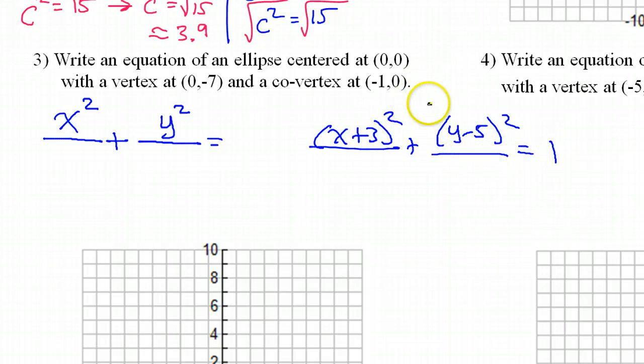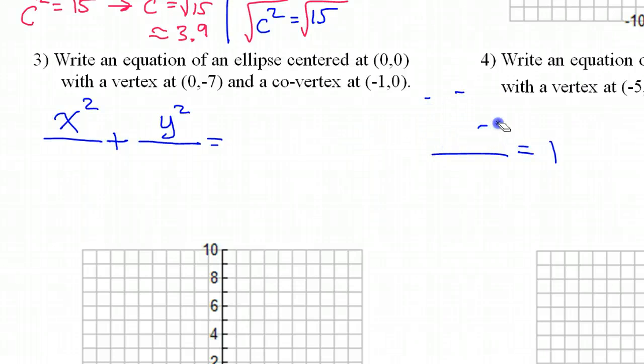And that's going to tell us that the center is -3, 5, just like for parabolas and circles. But that's tomorrow. For now, we're dealing with a center of 0, 0, so that just is x squared and y squared. Our standard form always has 1 right here.